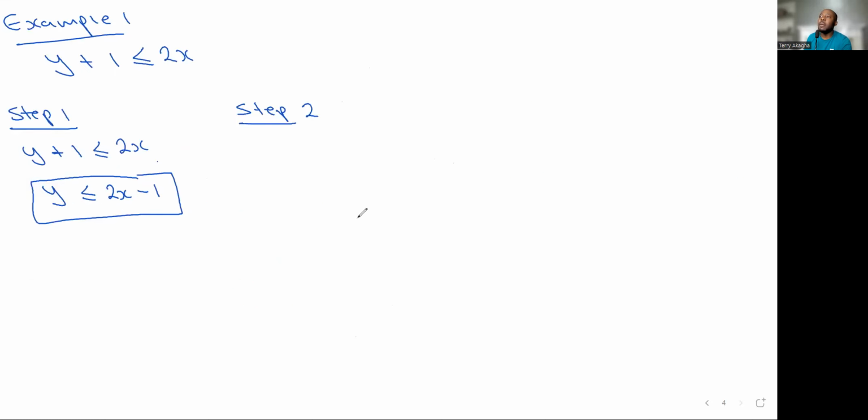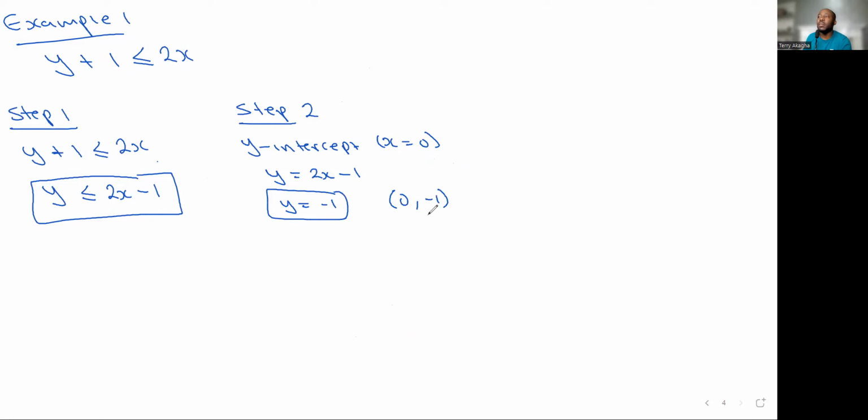I remember I told you, when you're plotting a linear graph, you need a y-intercept, and at the y-intercept, x is equal to 0. So we have y is equal to 2x minus 1. We put 0, so y will be equal to minus 1. So the y-intercept is x is 0, y is minus 1.